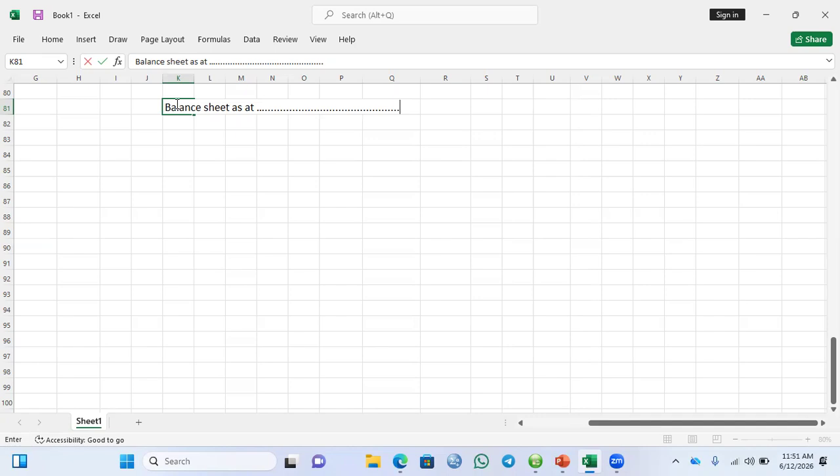So for example, if I should use you as an example, if you're a business and you are preparing your trading profit and loss account, it might be for just 1 year, maybe 2024, 2025, 2026. But if it's your balance sheet, then we consider as far back as the date you were born, up to the current date we are preparing.